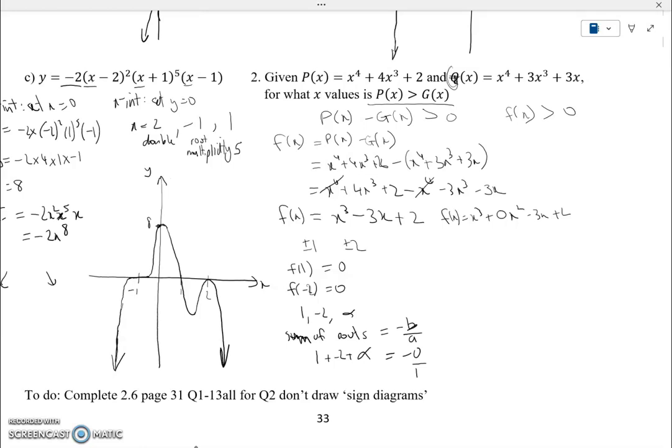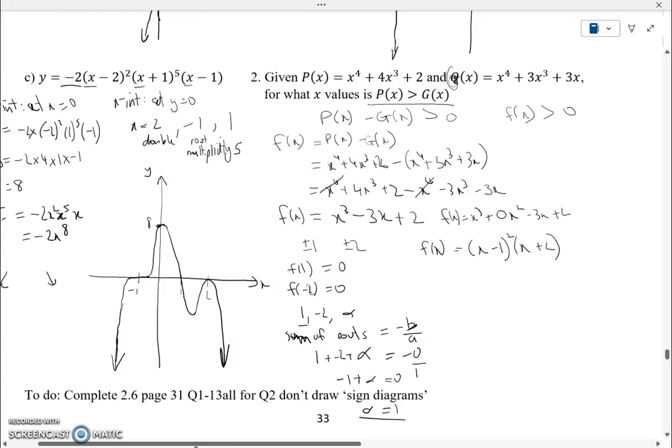Work it out. Alpha is going to be 1. So we've got a double root at 1. So f of x is going to equal x minus 1 all squared, and then x plus 2. There's my function, and it's monic, so 1 there.